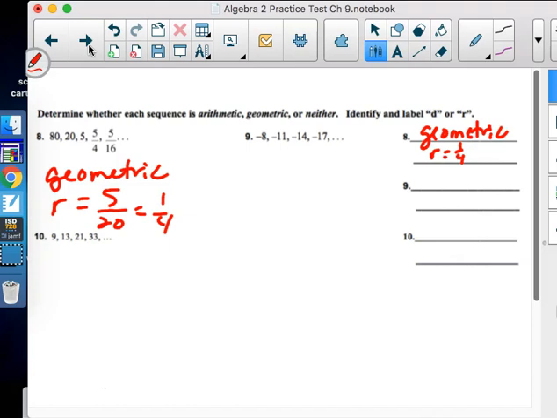9. What do you see that they're doing? Subtracting 3. That would be arithmetic. So, what do we use for D? -3, yeah.